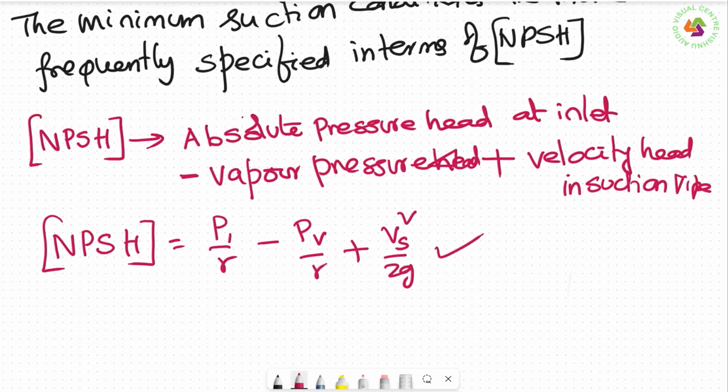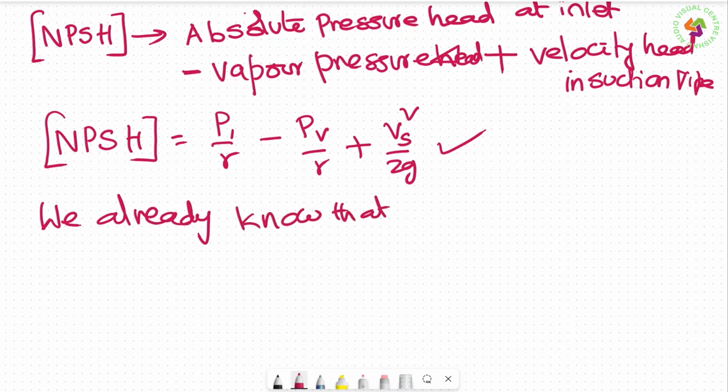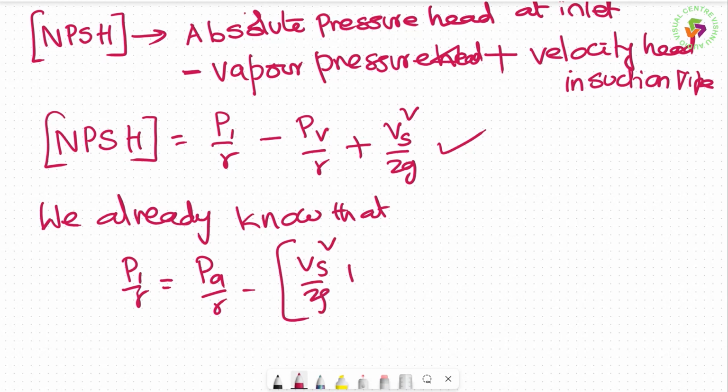We already know, as we just derived, that P1 by gamma is equal to Pa by gamma minus Vs squared by 2g plus Hs plus Hfs.